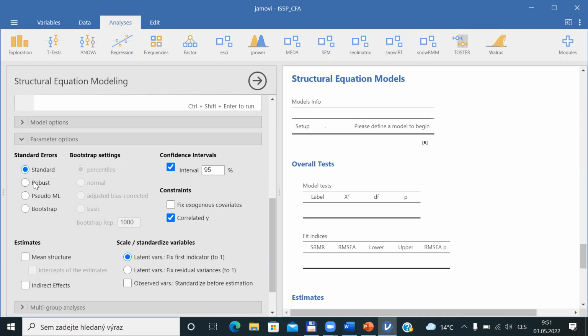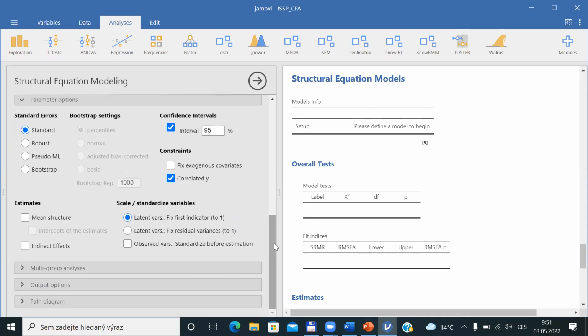And there are also some alternatives such as robust or bootstrap, which are flexible if your data are not perfectly normally distributed, etc. But for us, the biggest importance is here, the scale / standardized variables. And you can see that by default in this SEM syntax module, the setting for the scale of latent variables is based on fixing to the first indicator.